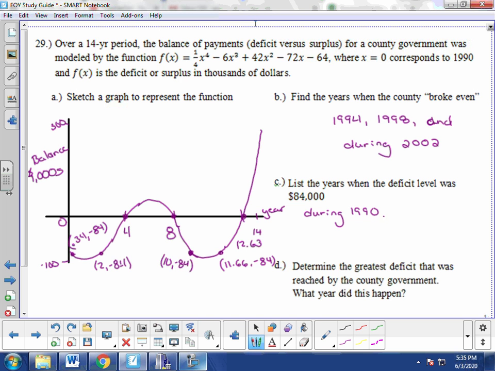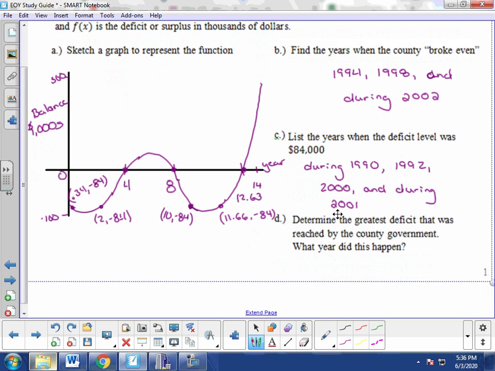Then 2 years after 1990 at 1992. Then 10 years after 1990, 2000. And 11.66, so during 2001.